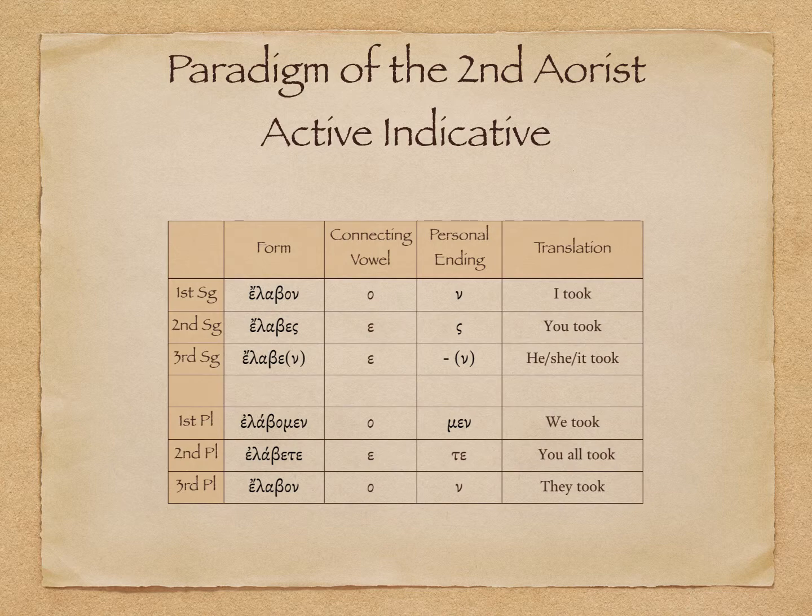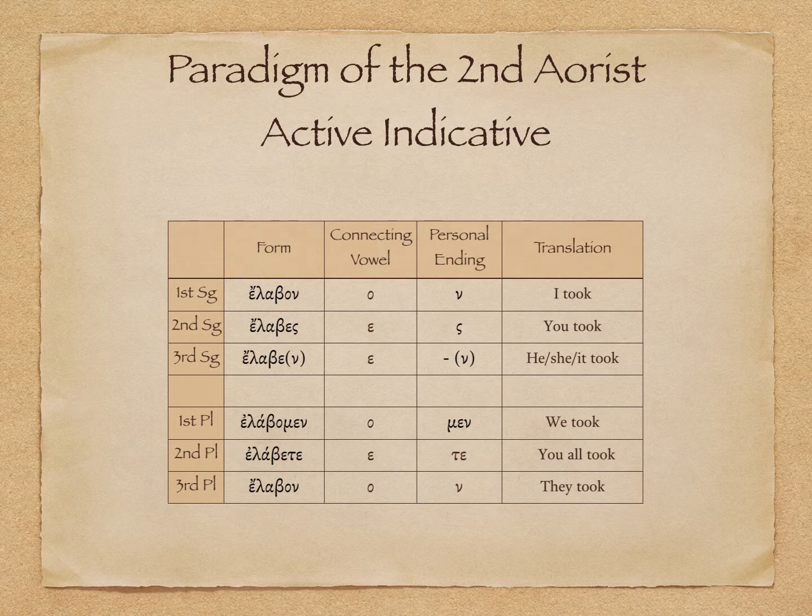We've seen these secondary personal endings already in the imperfect, and now we see them here: n, s, and then third singular is blank, or sometimes the nu is there, though it can be moved, men, te, n. Notice the first singular and third plural are the same. When you parse these, you'll want to put both down, first singular or third plural. So second aorist active indicative, first singular, third plural, that's elabon, from lambano, means I took or they took.